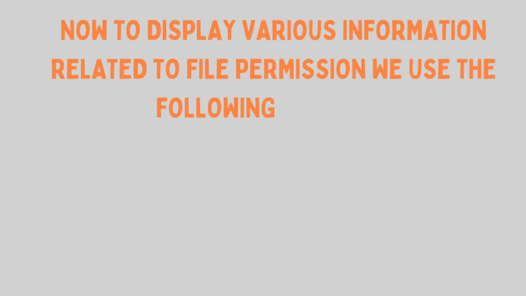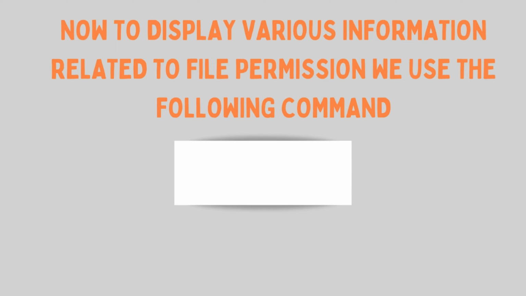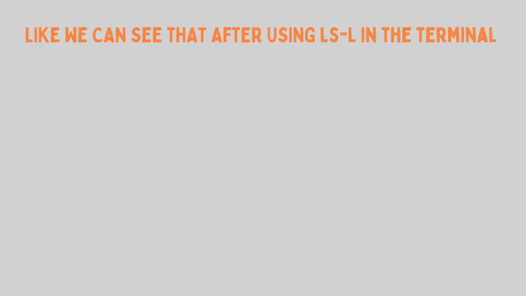To display various information related to file permissions, we use the ls -l command in the terminal. After running the ls -l command in the terminal, we can see various details related to file permissions.